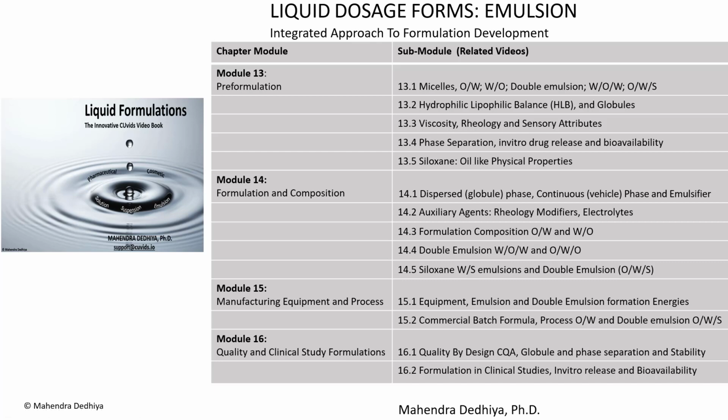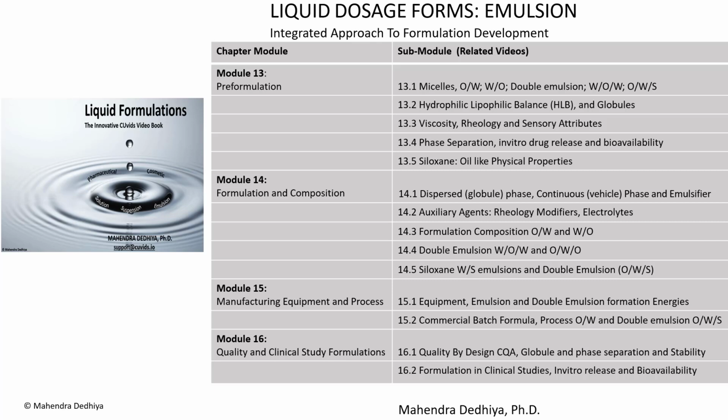In formulation and composition, we look at dispersed phase, continuous phase, and emulsifiers, auxiliary agents, formulation composition, double emulsion, and siloxane-based formulation. In these particular submodules, we have also included laboratory manufacturing.